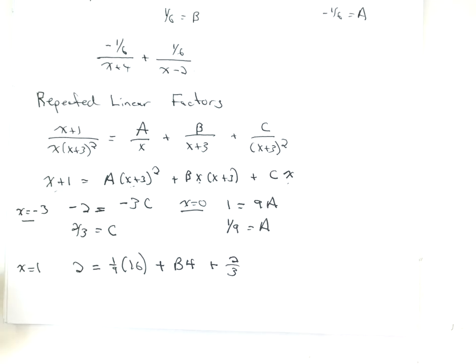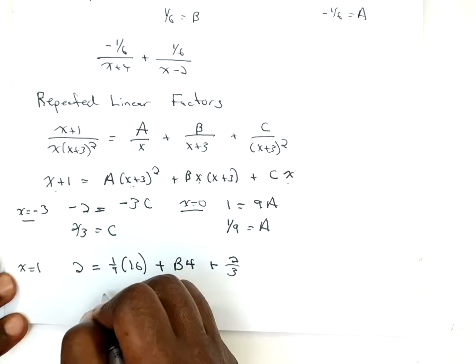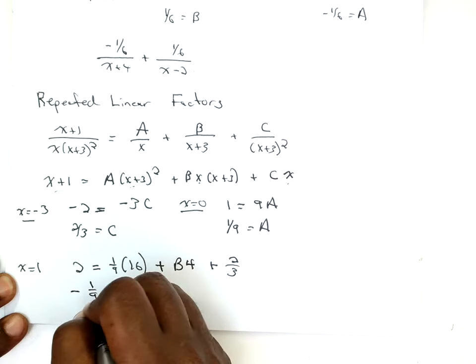So we can just plug that into a calculator, and I got negative 1/9 is equal to b.